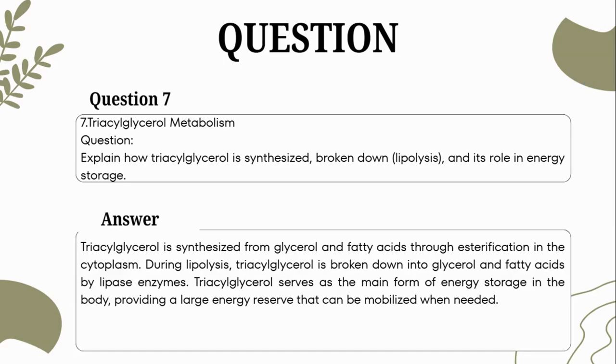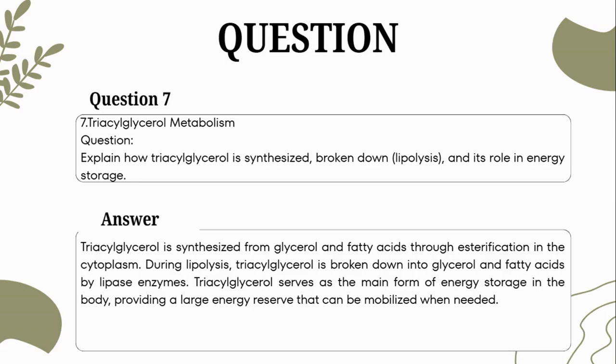The next question is about triacylglycerol metabolism. Explain how triacylglycerol is synthesized, broken down, or lipolysis, and its role in energy storage. Triacylglycerol is synthesized from glycerol and fatty acid through esterification in the cytoplasm.